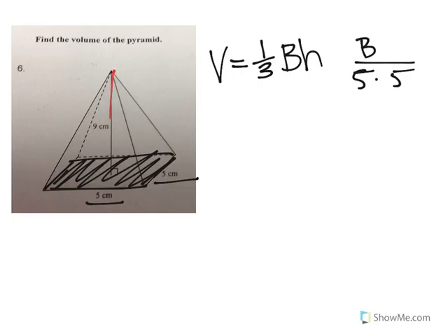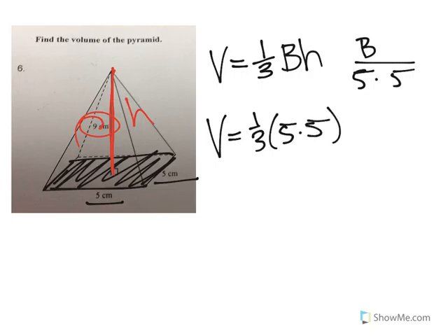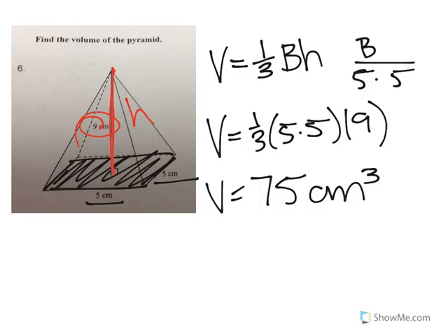And we need the height of our pyramid, which is going to be 9. And plug and chug. So volume is equal to 1/3, 5 times 5 times 9. And when you plug that into your calculator, you get 75 centimeters cubed.